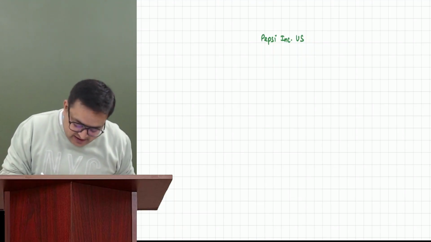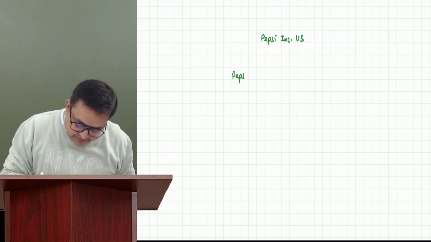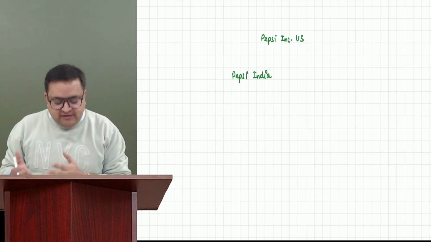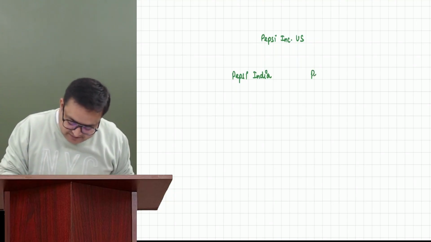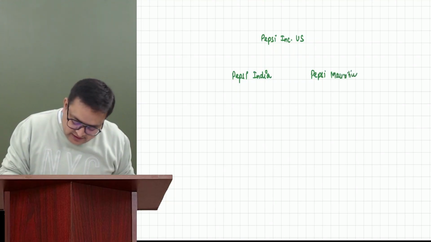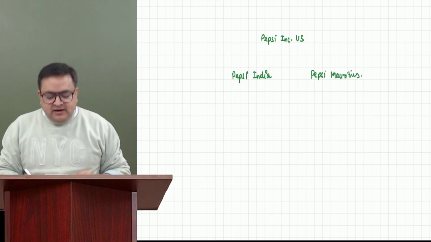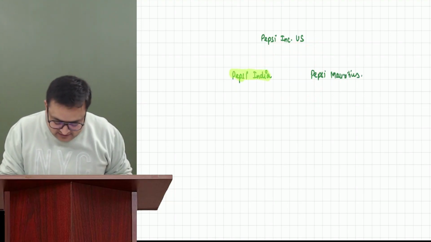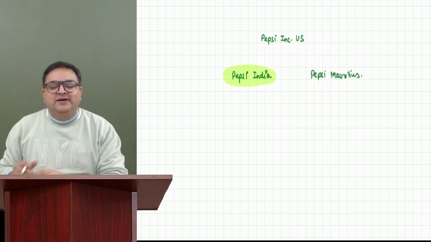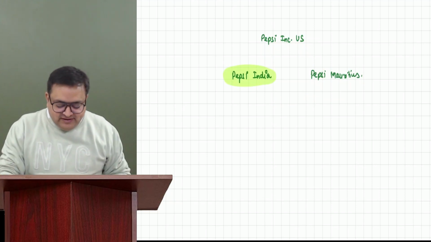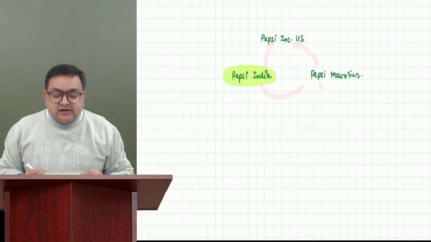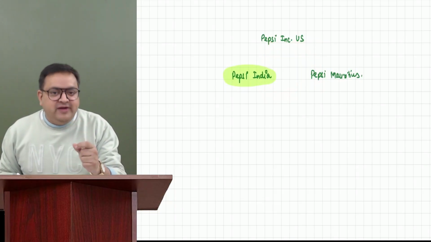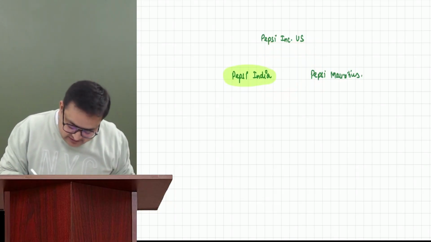Let's say, for example, in India, they have Pepsi India. In other countries, they have, for example, Pepsi Mauritius also, right? So there are certain transactions happening between these countries, and the transactions were not happening at the correct value.